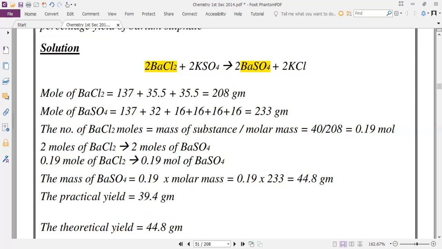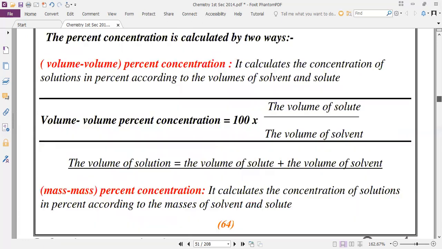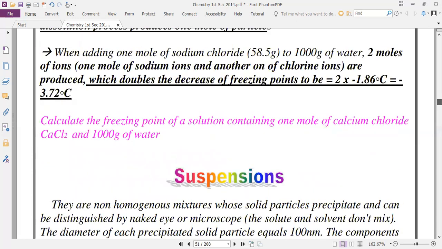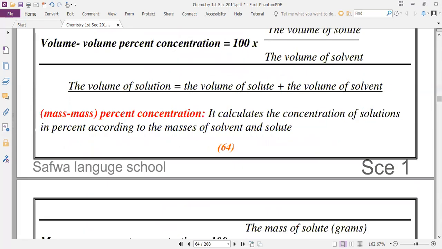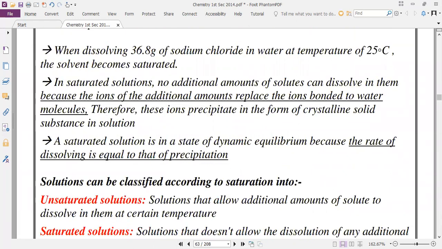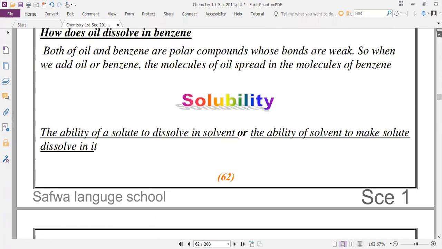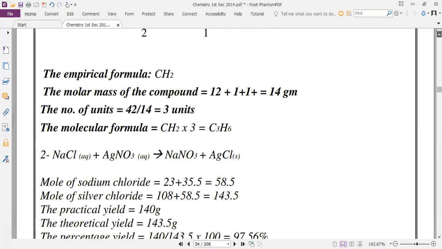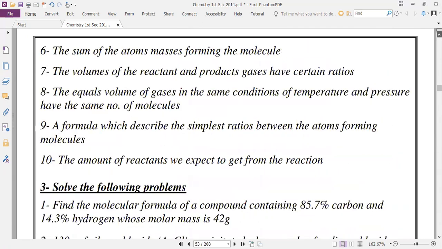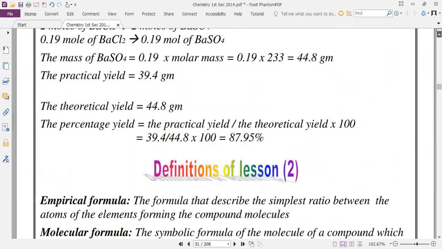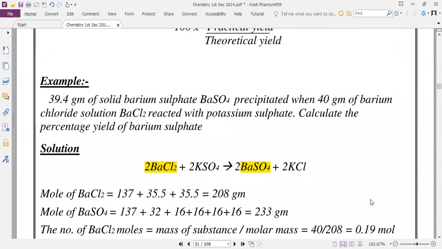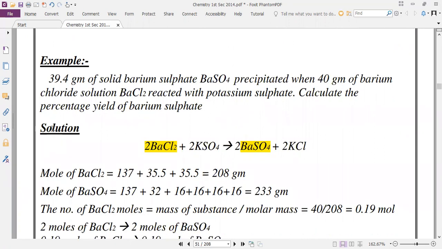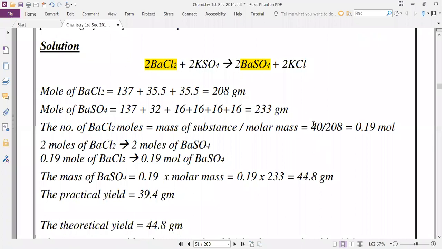So the mass of BaCl2 is 40 grams, so we calculate 40 divided by 208, equal 0.19 mole, right?